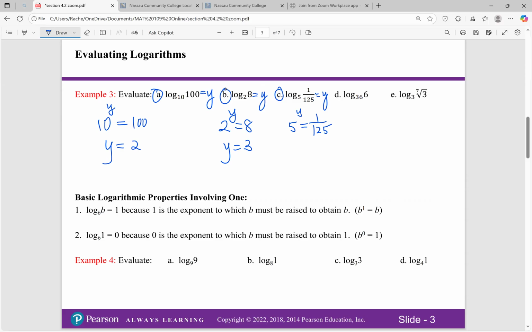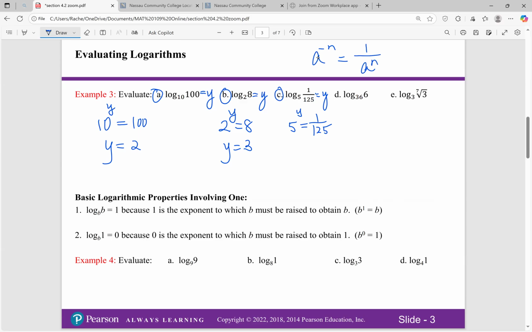Now, I'm looking at this and I'm thinking, okay, maybe we're dealing with a negative exponent here because the only way that I'm going to be able to take 5 and raise it to a power and get a fraction is if my exponent's negative. Because remember, if I want to evaluate a to the negative n, that's equal to 1 over a to the positive n, right? We have the reciprocal.